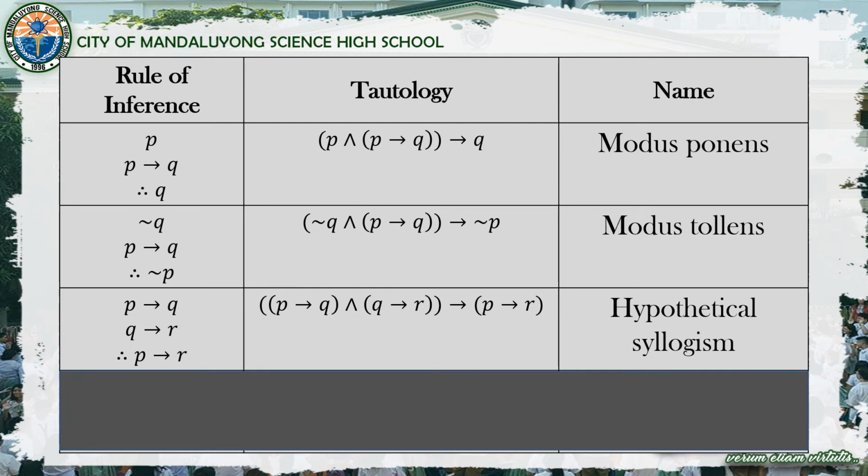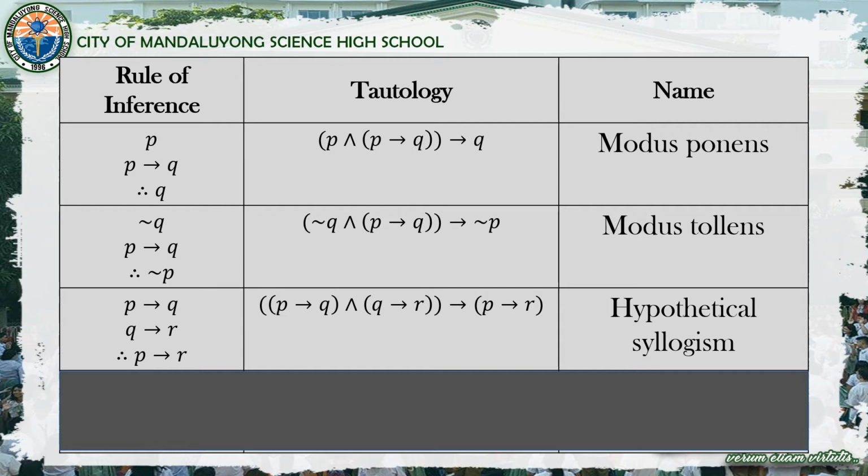So, we have here the premise P implies Q, Q implies R, therefore P implies R. So, para maipakita ulit, this is the tautology. So, you can try this, itong tautology, para ma-verify talaga whether this is a rule of inference.